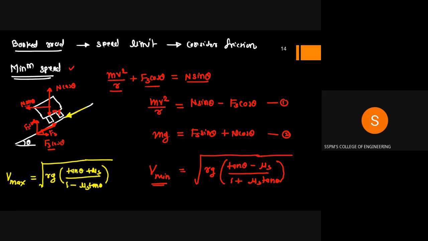So the equations are quite similar for minimum and maximum speed. Here we have tan theta plus mu s, there tan theta minus mu s, and here 1 minus mu s tan theta, there 1 plus mu s tan theta. So these are the equations that give the speed limit for the vehicle on the bank road.